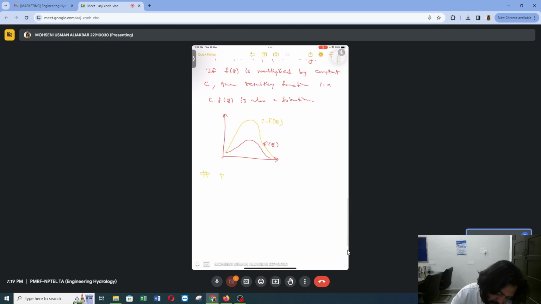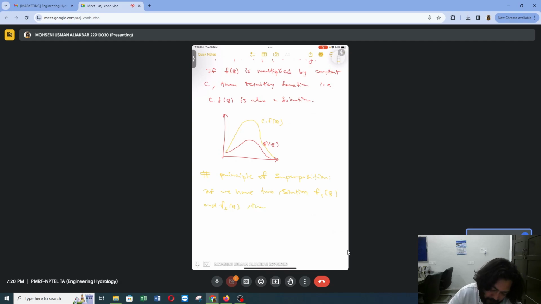The next is the principle of superposition. We have also studied this before, but what does the principle of superposition mean? Let us say we have two solutions, f1 of q and f2 of q.